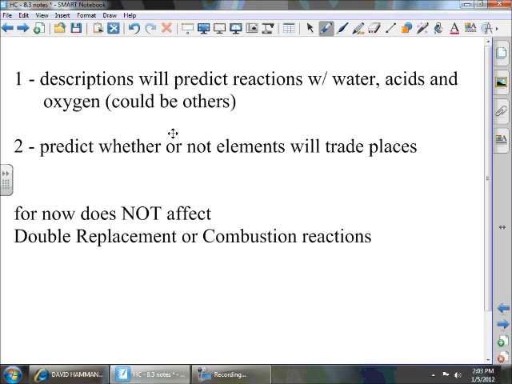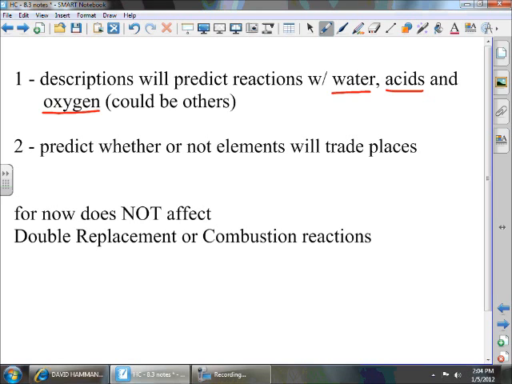That description talks about whether or not those metals will react with three things: water, acids, and oxygen. Now, there could be other elements or other chemicals. For example, will an element react with nitrogen gas? Will an element react with carbon dioxide? Or other things. For our purposes, we don't care about those other what-ifs. We're only looking at those three: water, acids, and oxygen, because they're very common and they're frequently used.